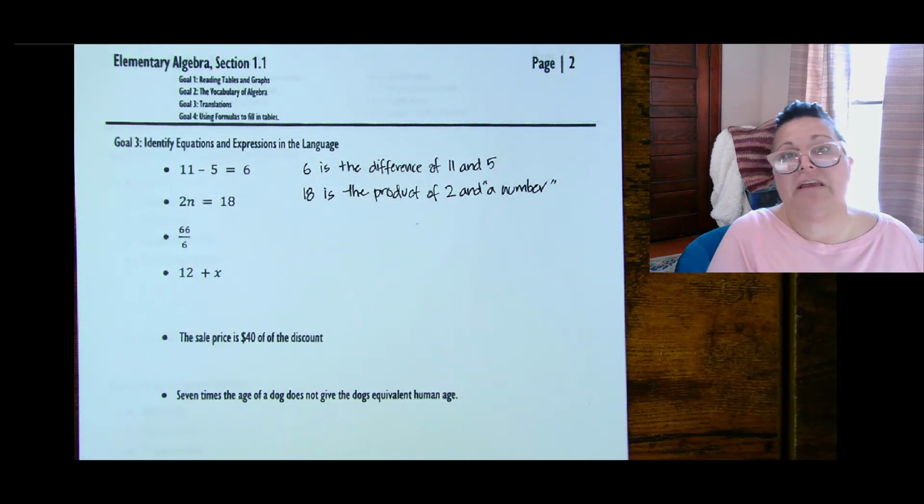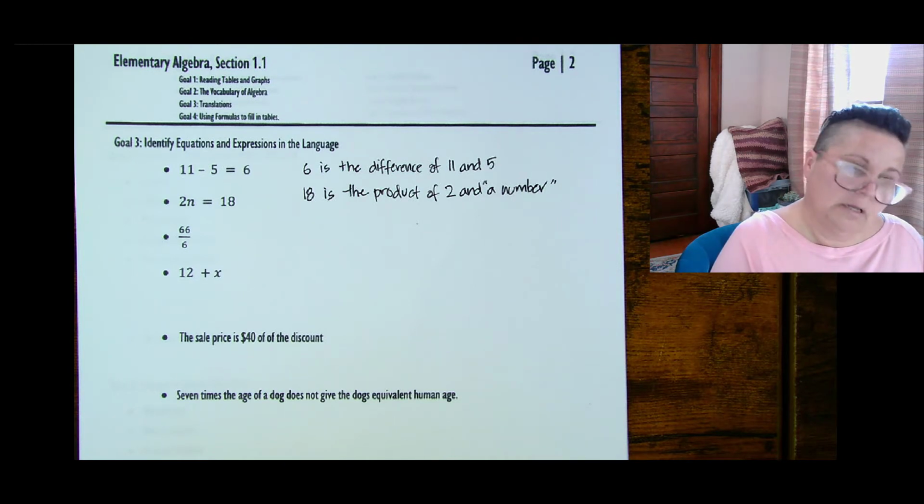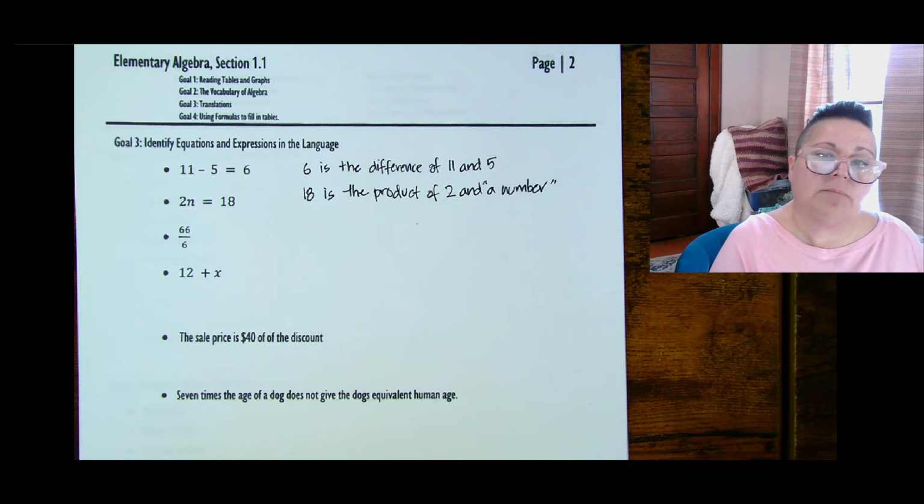Remember, n is a variable. It's a letter holding the spot of an unknown value. That value is some unknown number. So 18 is the product of 2 and some unknown number, or 2 and a number.